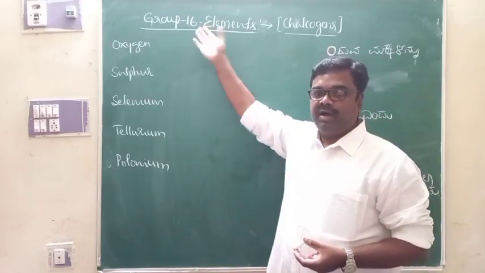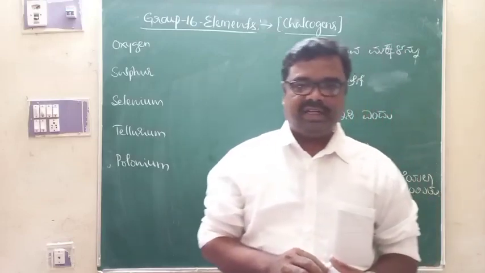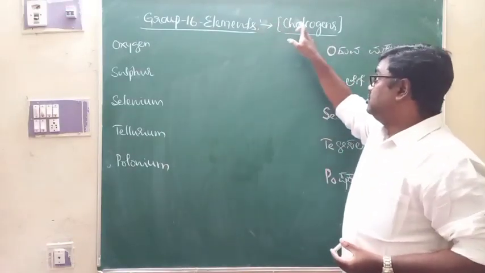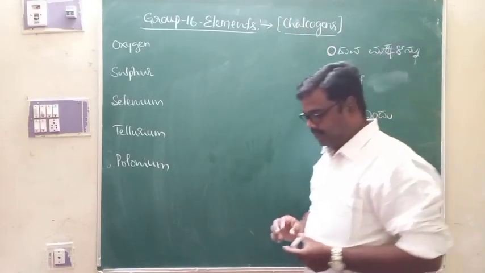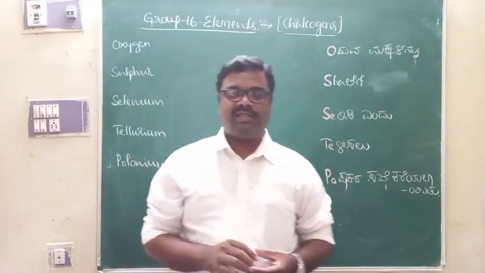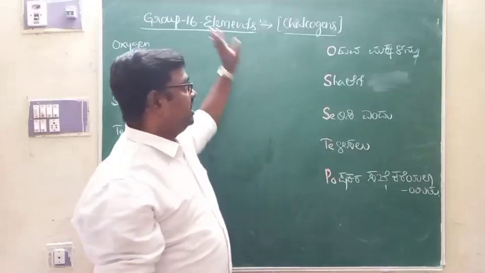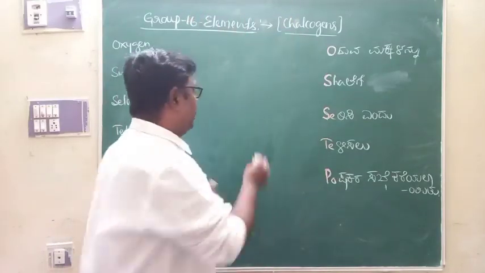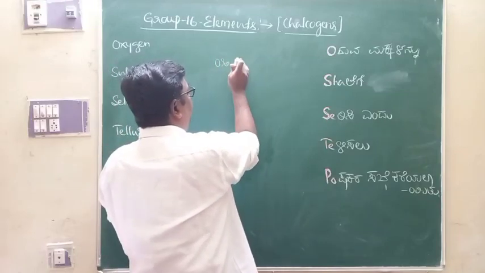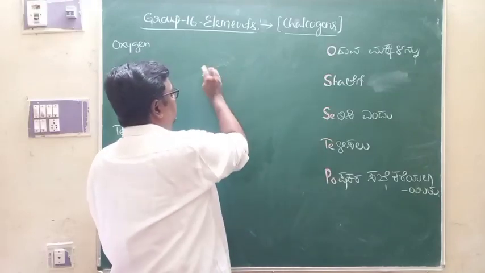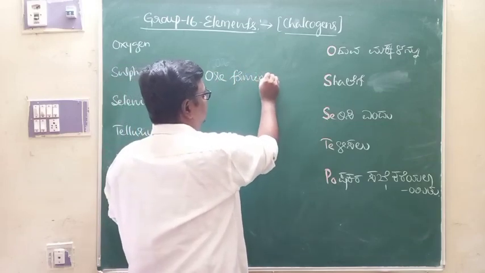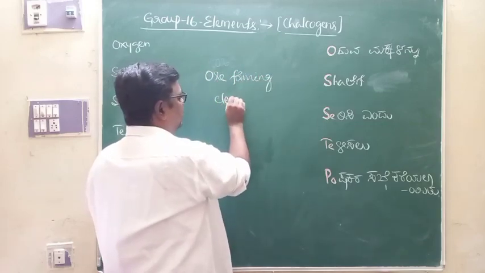Now we'll see one more discussion in the chapter P block elements, that is group 16 elements, and of course they are also known as chalcogens. You know, group 15 elements are called pnictogens. Just like that, group 16 elements are also called chalcogens, meaning ore forming elements.